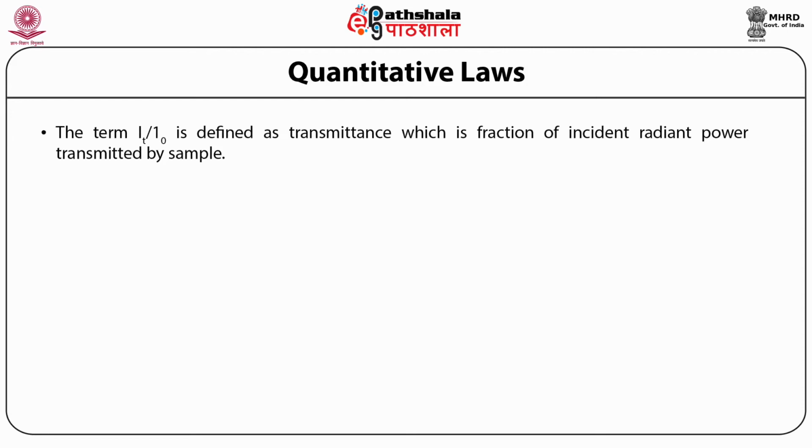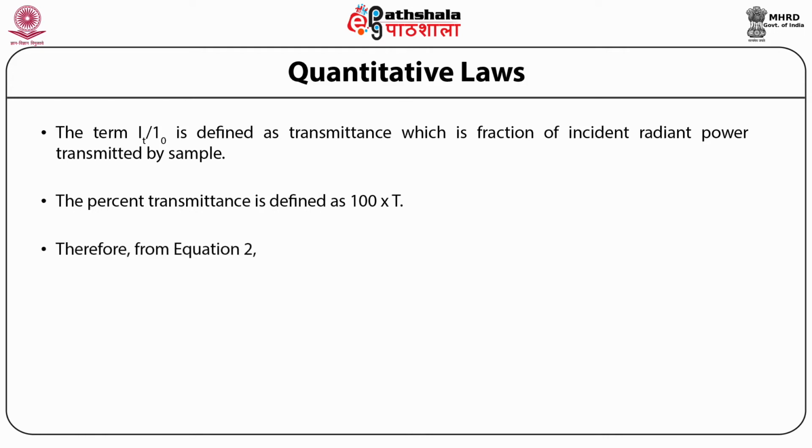The term It/I0 is defined as the transmittance and represented as T, which is the fraction of the incident radiant power transmitted by the sample. The percent transmittance is defined as 100 × T. Therefore, from equation 2, log T = −εbC.